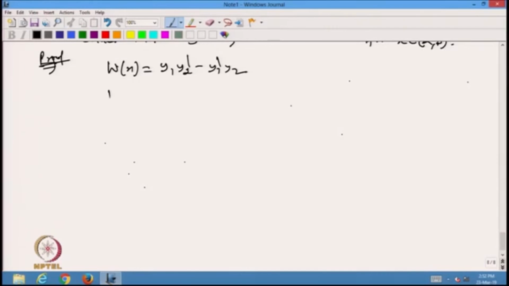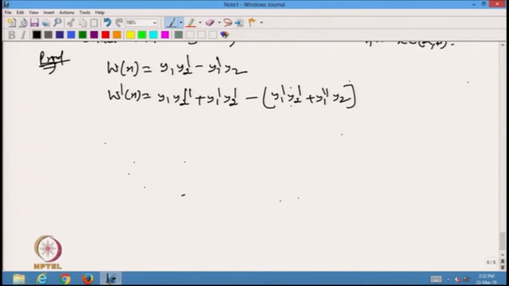Now I take the derivative of my Wronskian. So this will be y1 y2'' plus y1' y2', which is the derivative of the first term, minus the derivative of the second, which is y1' y2' plus y1'' y2. So if you see this one, it will cancel out.